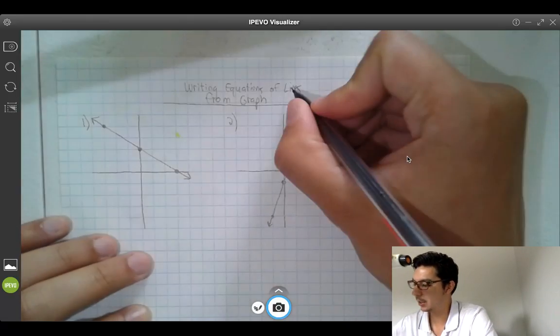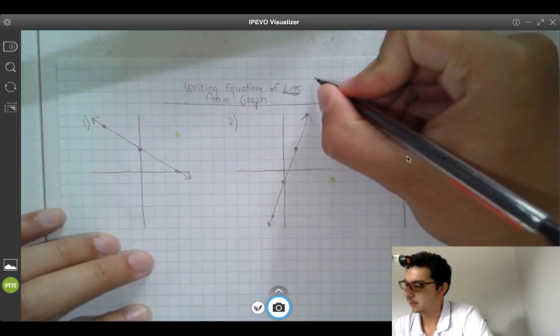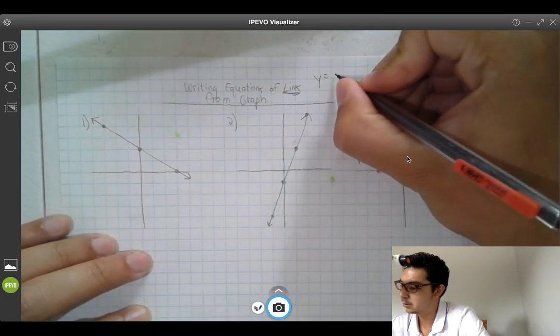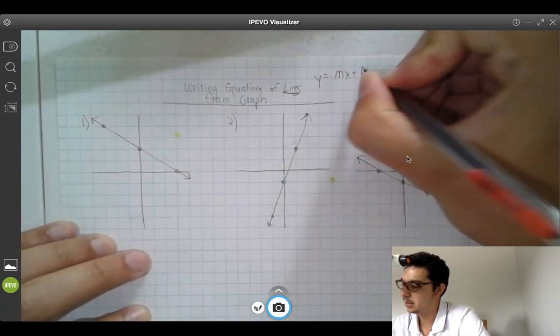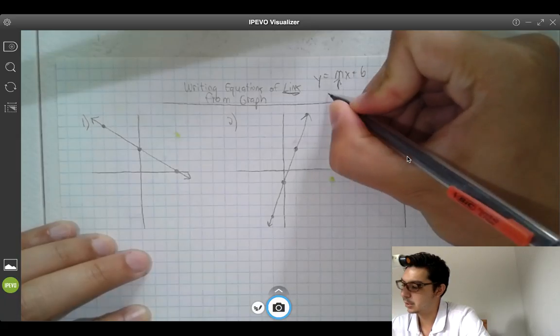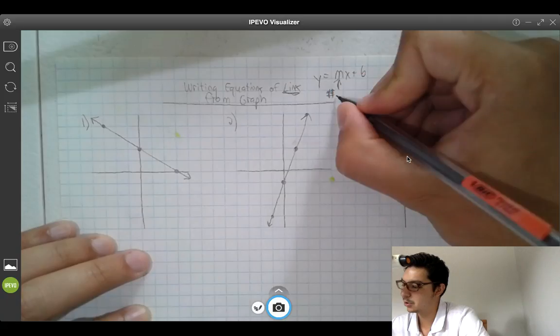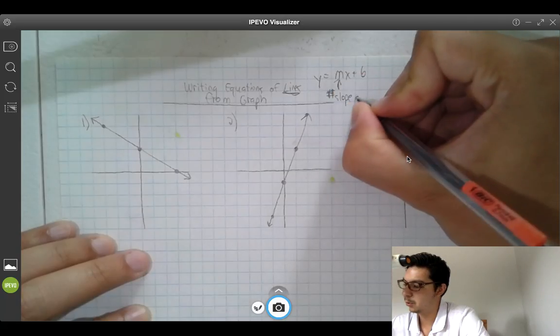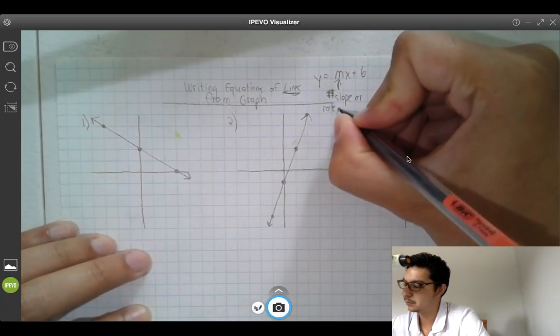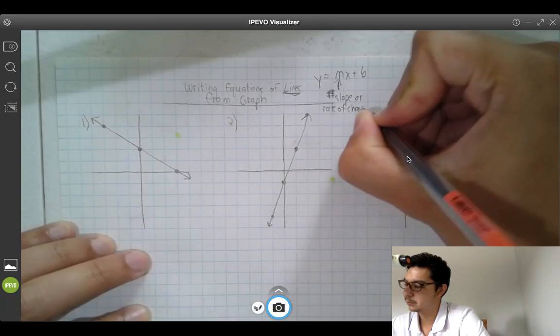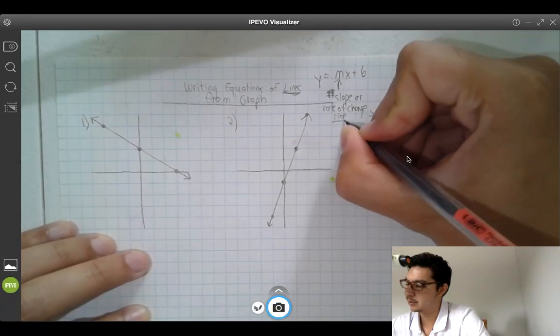And remember that a line is of the form y equals mx plus b, where the number before the x is your slope or the rate of change. Think about it as like rise over run, maybe from a graph.